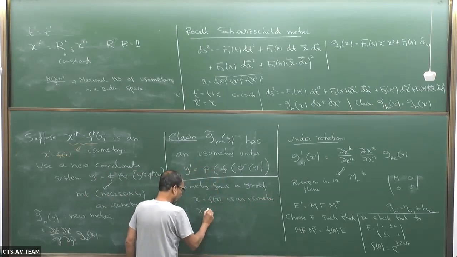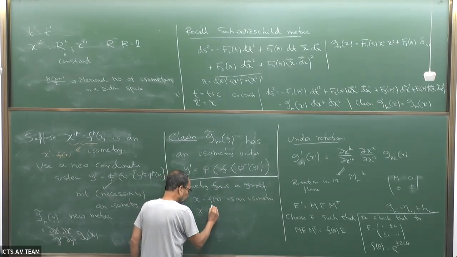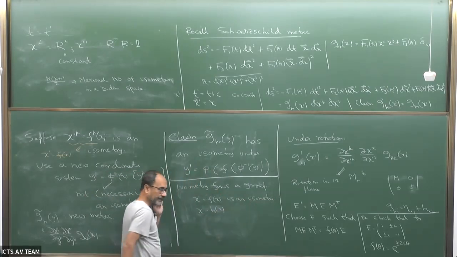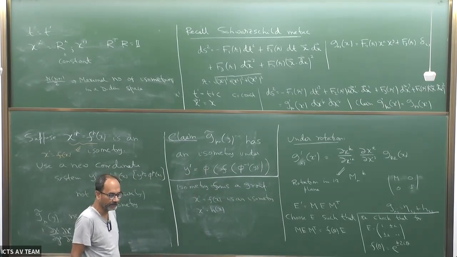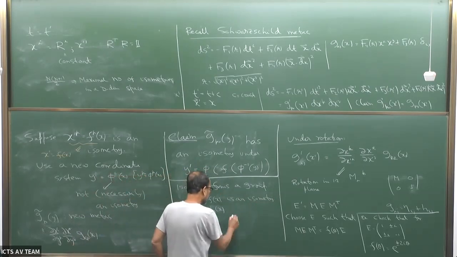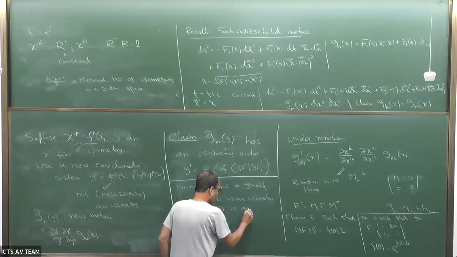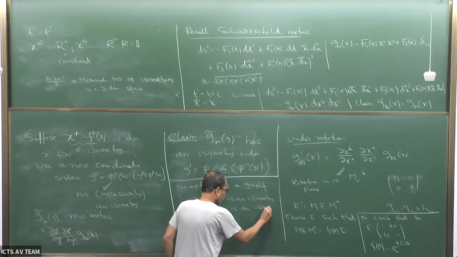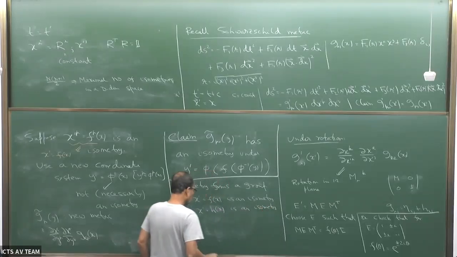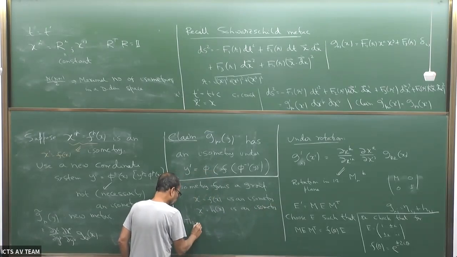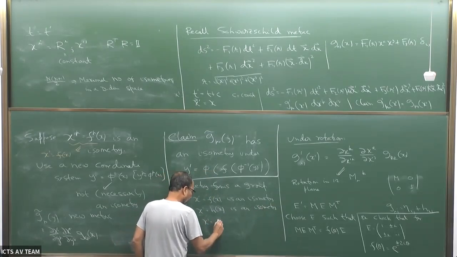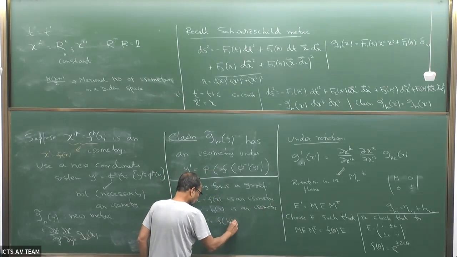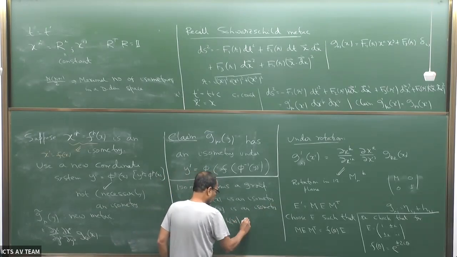Let's suppose that also x prime equal to h of x is an isometry. H is not the same as h ij, h is some function. Then x prime equal to f of h of x is also an isometry.